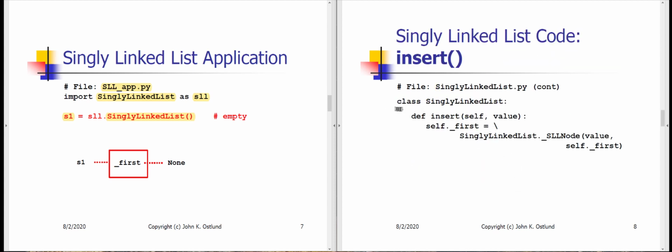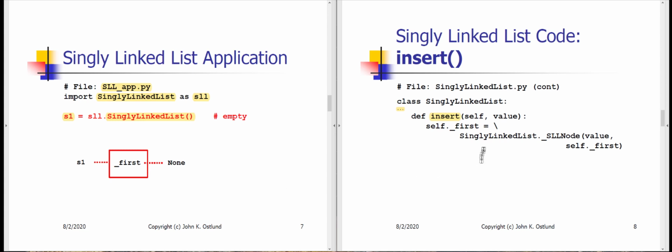So everything that we saw in the previous slide is still here, but now we're looking below that at this function called insert. And like any method, this has to take self as its first parameter. The second parameter is going to be the value that we want to have inserted into the list. Now, inserting always happens at the beginning of the list.